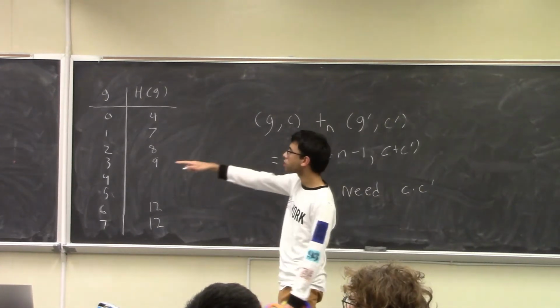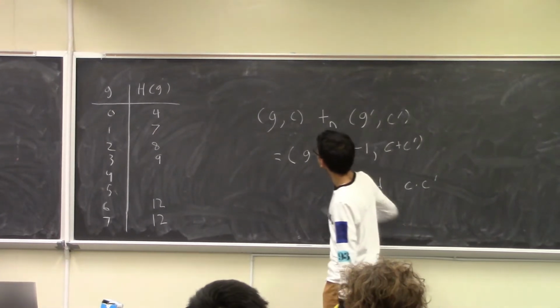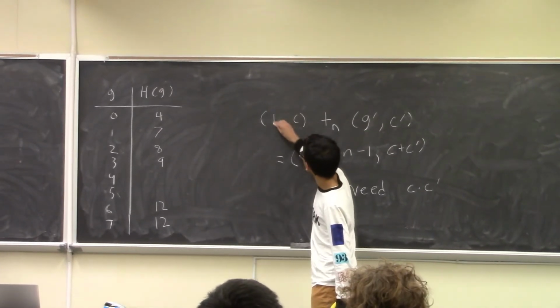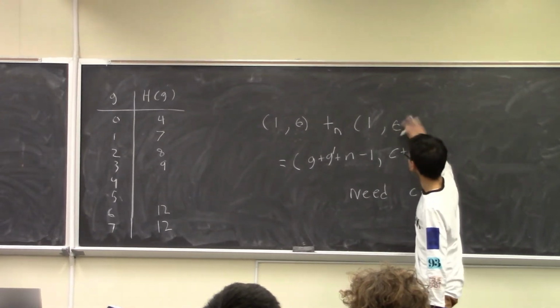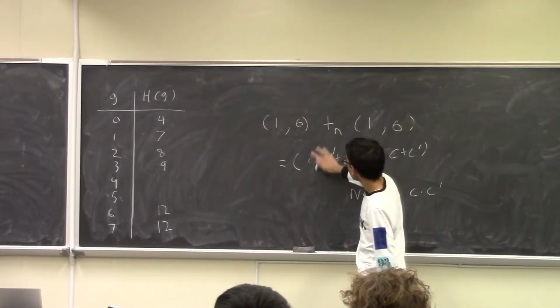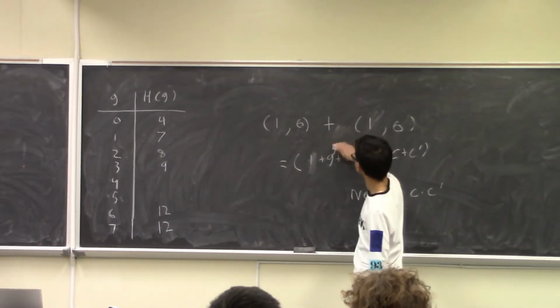If we started with a genus 1 with 6 colors, and another genus 1 with 6 colors, then we're going to end up with a genus, and then we make 5 punctures.